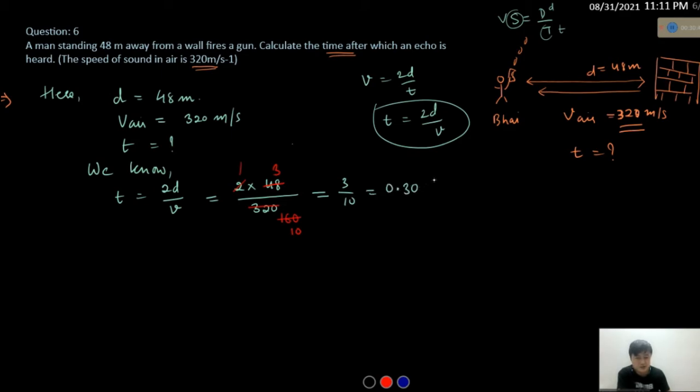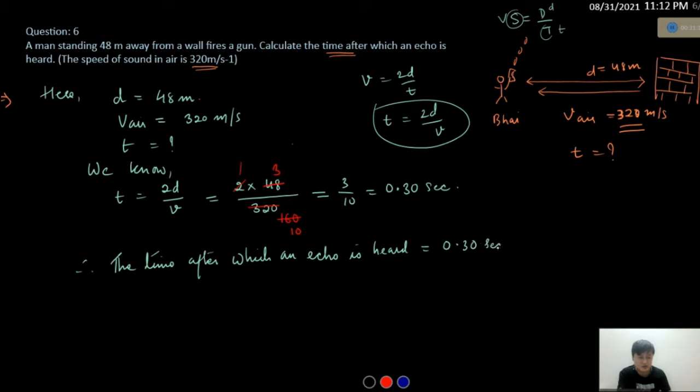We can add 0 seconds. The time after which an echo is heard is equal to 0.3 seconds, or 0.30 seconds we can write.